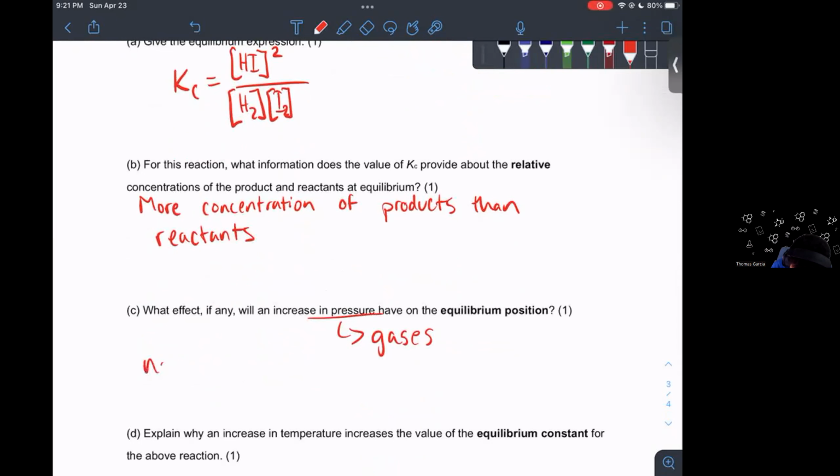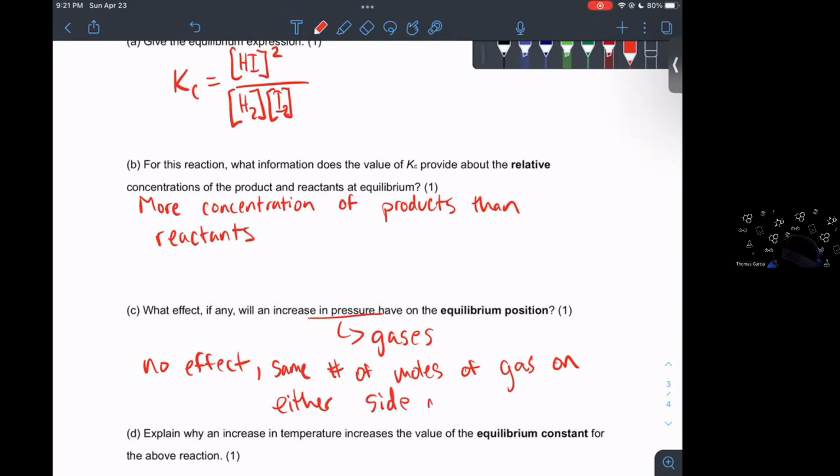So this is going to be no effect. Whether this reaction moves forward or backwards, it does not add or reduce pressure in the system because we have the same number of moles of gas on either side of the reaction.